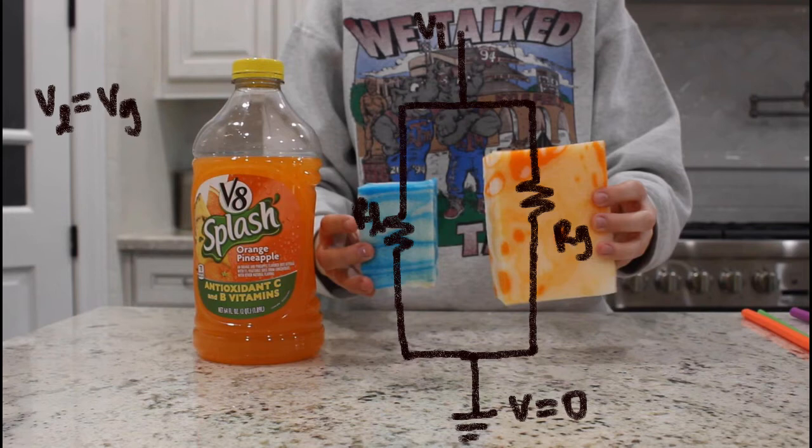And this means that regardless of which pathway you take, the voltage has to decrease by the same amount so that it can get down to 0 volts at the bottom. If we think about this in the case of sponges as resistors, the sponge has to soak up the same amount of voltage regardless of how big the sponge is.